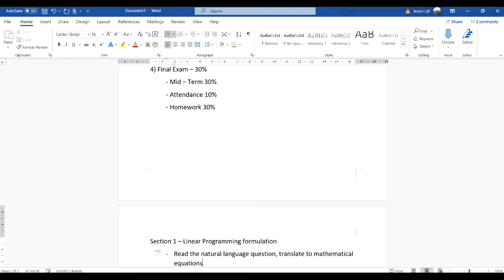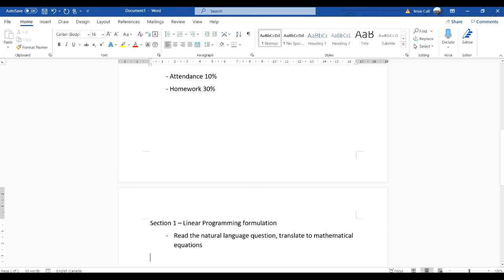This is the first thing that we did in our class. I will give you a question. You must read the question, identify the object or the decision variables, write the objective function, write the constraints. That is section 1. 15 points.